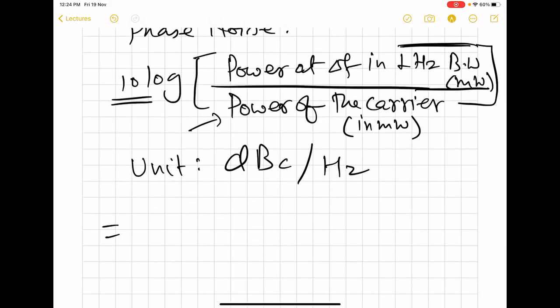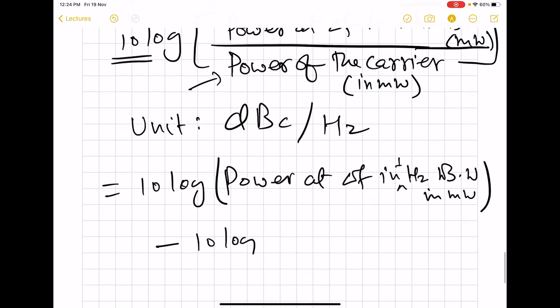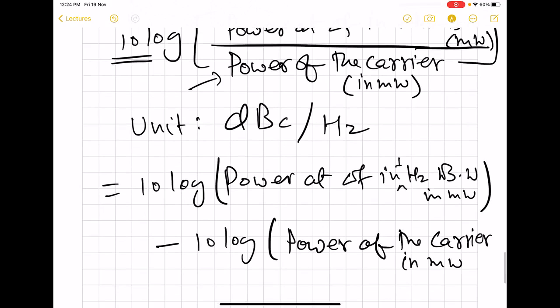Now this can also be calculated if we have the information of the power of each of these two cases in dBm. So this will become 10 log power at delta F in 1 hertz bandwidth in milliwatt minus 10 log power of the carrier also in milliwatt.